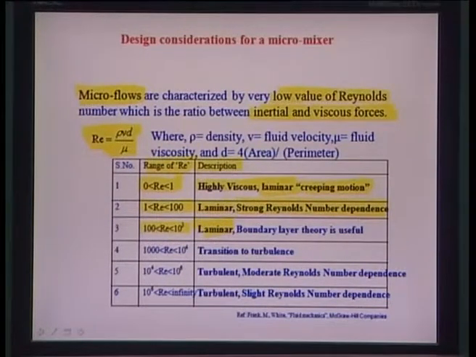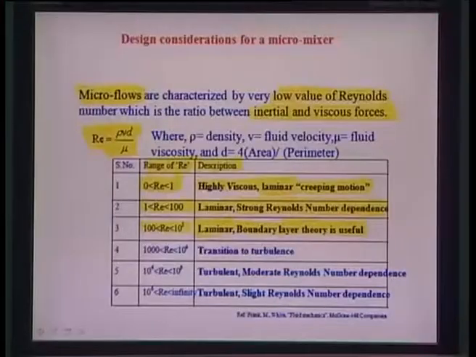However, in this particular range you could have a very good boundary layer which is formulated. If you may recall, the boundary layer is the layer which separates the fully developed flow from the flow which is actually having shear stress, or is predominated by shear.